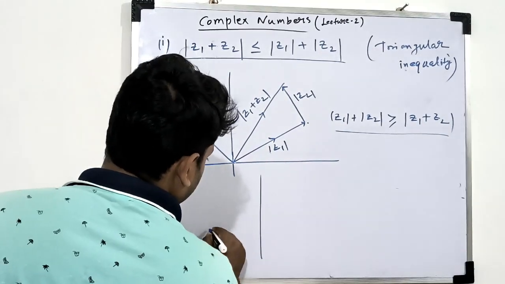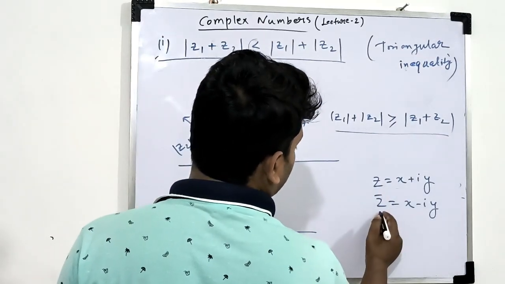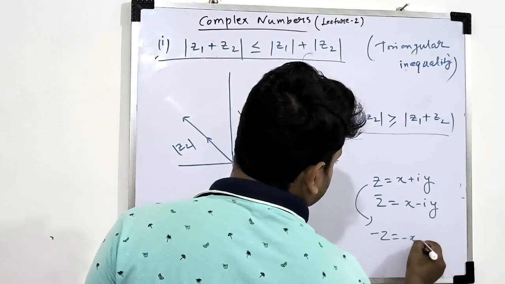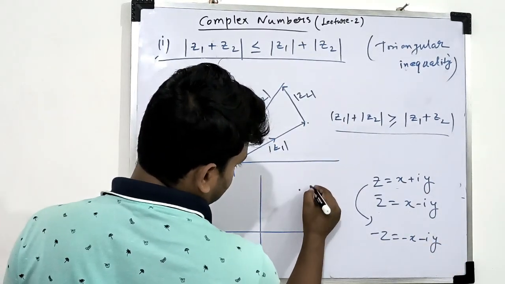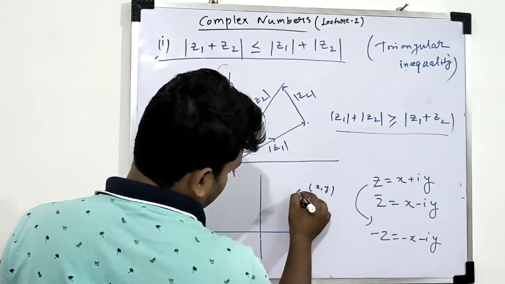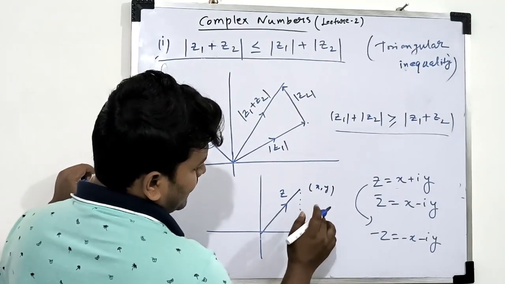Similarly, we discuss the complex number x plus iy and the complex number x minus iy, and also minus z equal to minus x minus iy. If this is the point (x, y), this vector is z, and the z bar will be (x, minus y).